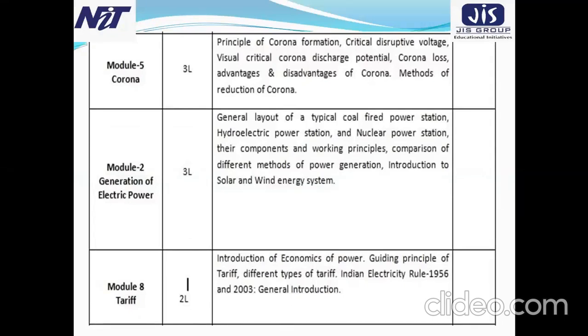As per the syllabus, the topics are principle of corona formation, critical disruptive voltage, visual critical corona discharge potential, corona loss, advantages and disadvantages of corona, and methods of reduction. Today I'm going to talk on three topics: the principle of corona formation, critical disruptive voltage, and visual critical corona discharge potential.